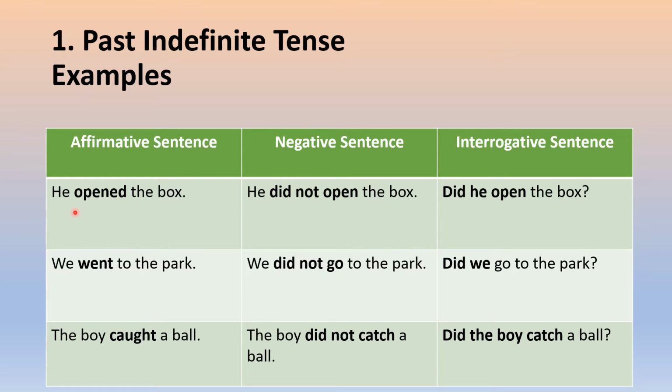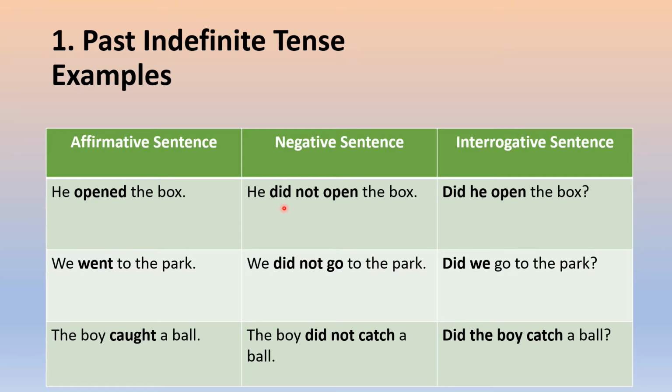The first affirmative sentence is he opened the box. You can see that I have applied the formula about which I have just told you. He here is the subject. Opened is the second form of verb. The box here is the object. We will convert this sentence into negative form, which is he did not open the box.